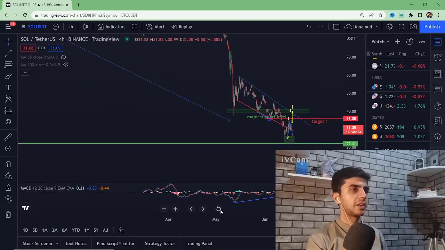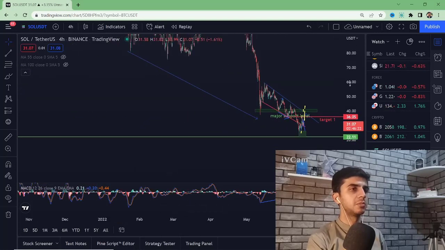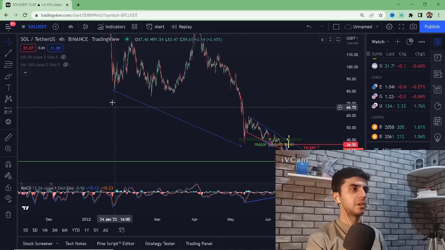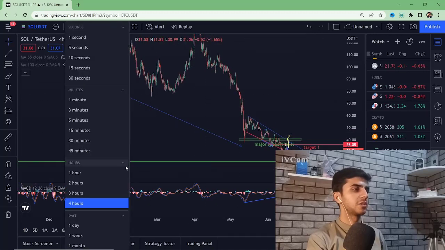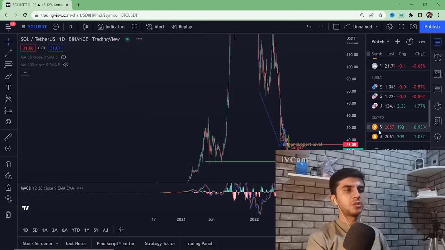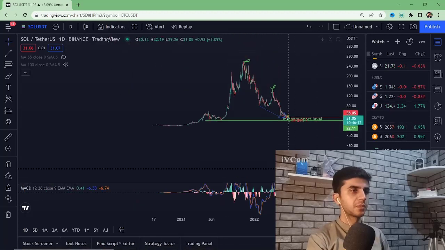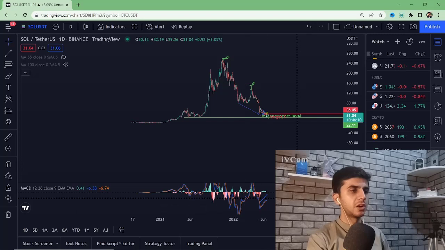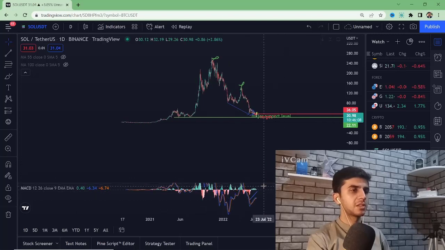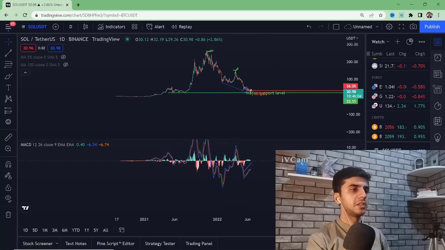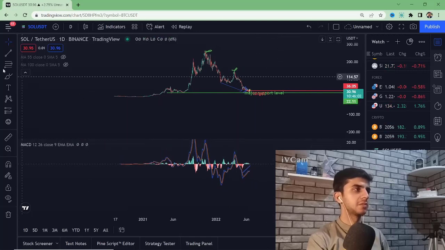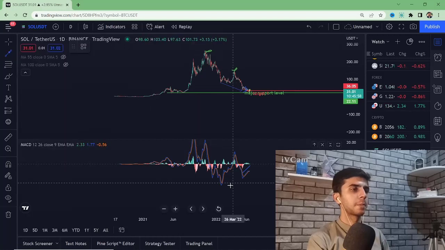So overall it is in the accumulation zone, and multiple times we see these big divergences on the daily time frame. If we jump to the daily, I can show you this divergence. I have shown this in the previous videos as well. You see the RSI, sorry, the MACD as well, the RSI as well, every indicator is indicating this.